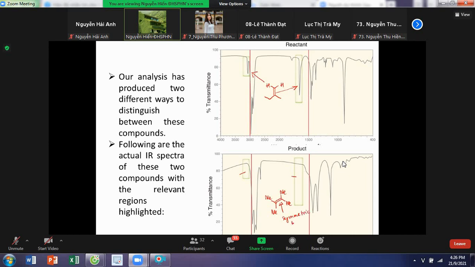Symmetric bonds in general will not absorb infrared radiation or infrared light. So you can use infrared spectrum to efficiently distinguish two compounds. In this case, the first one is the starting material, and the second one is the product.